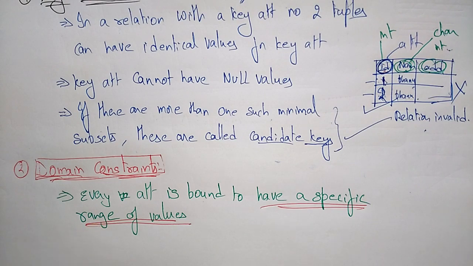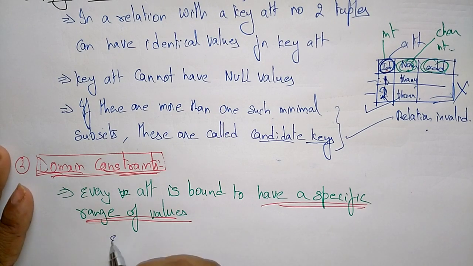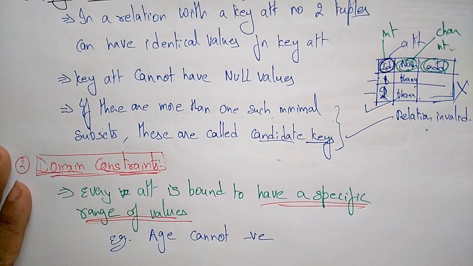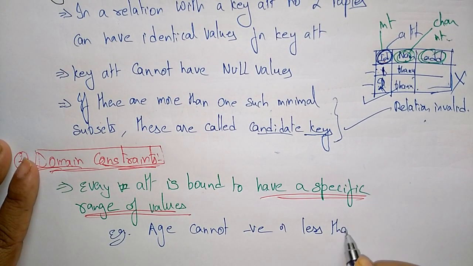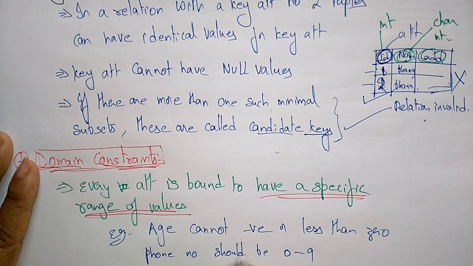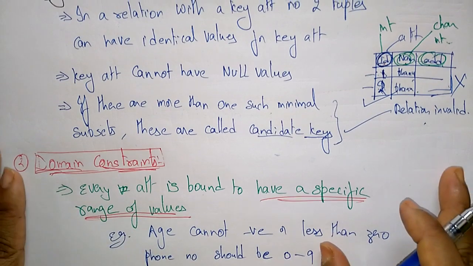That is a constraint, a condition you have to follow. An example for this is that age cannot be negative, so you cannot enter an age value less than 0. At the same time, the phone number should always consist of digits 0 to 9. These are the constraints you have to follow while creating the table.